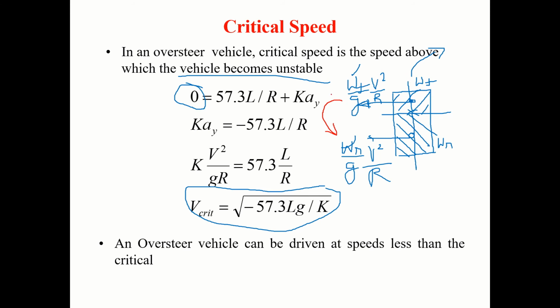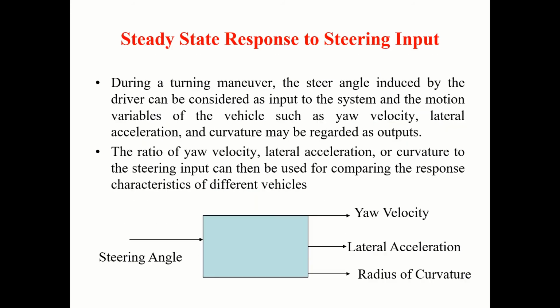That creates understeering tendency. If this is greater than this, then this will try to create oversteering tendency. That's the meaning of that.